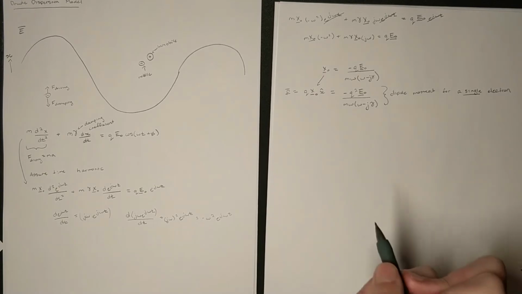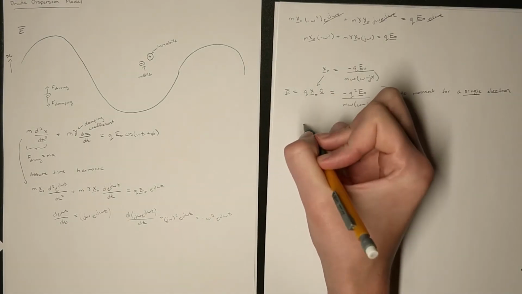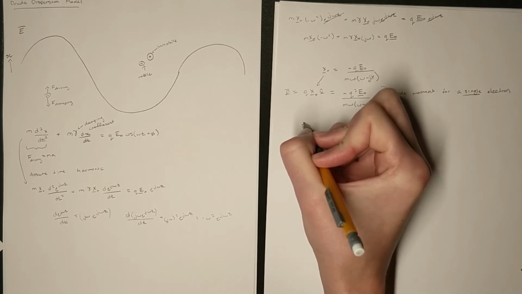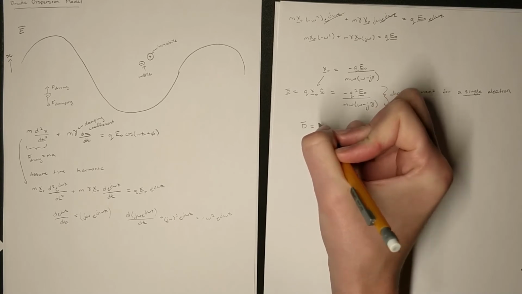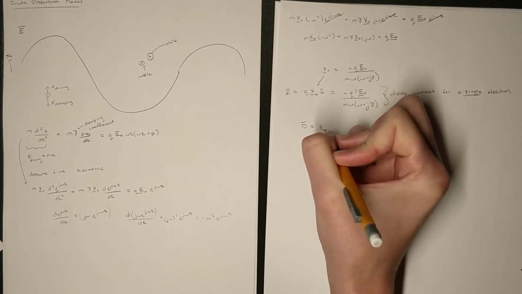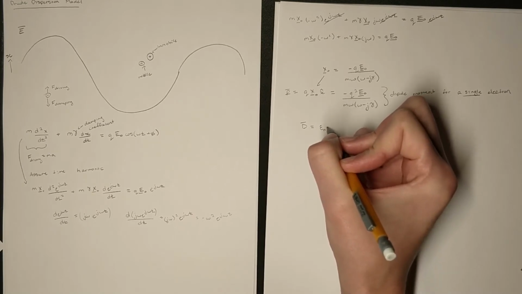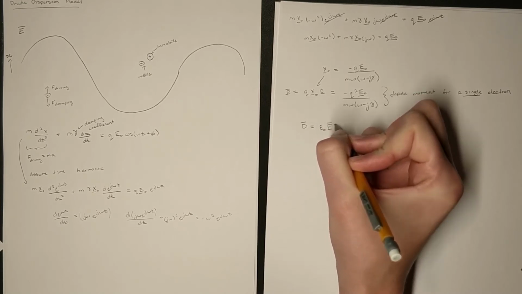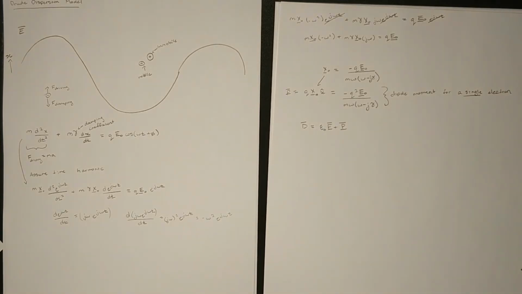Now, as this is a metal, we have two other equations to consider. First, that the electric flux density D can be equal to epsilon naught, our free space permittivity, times our electric field plus our total dipole moment.